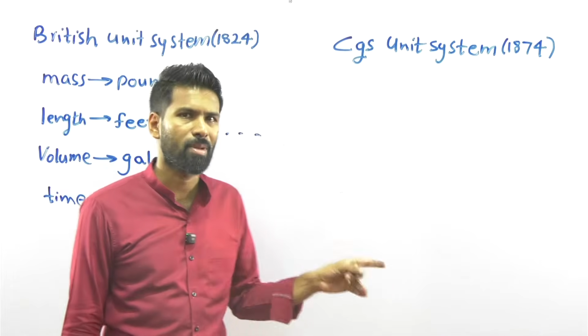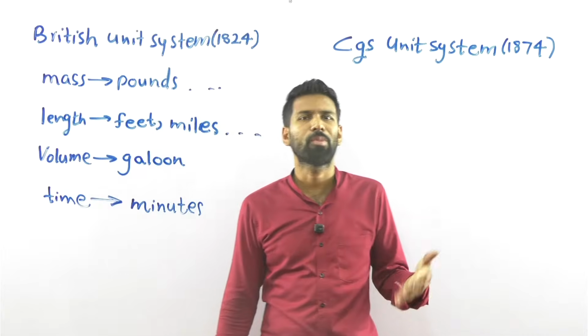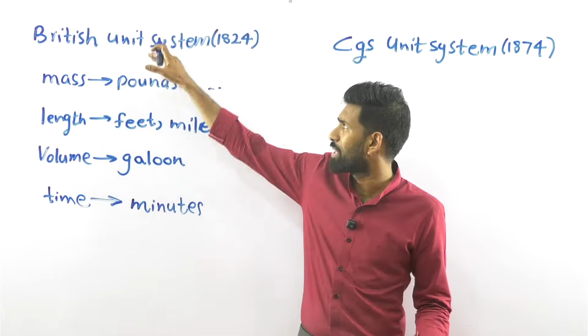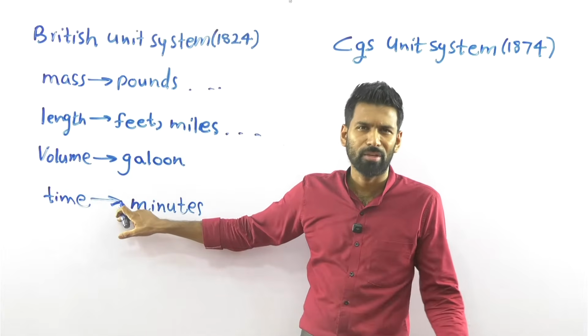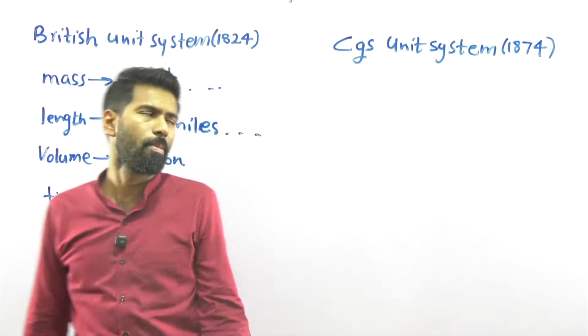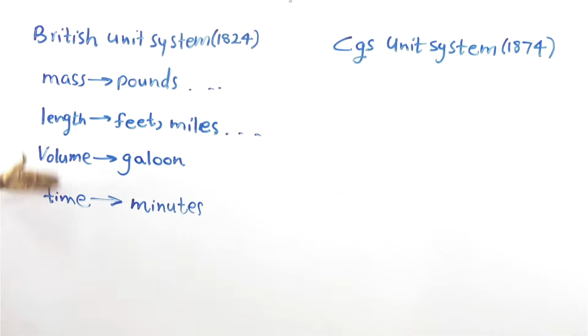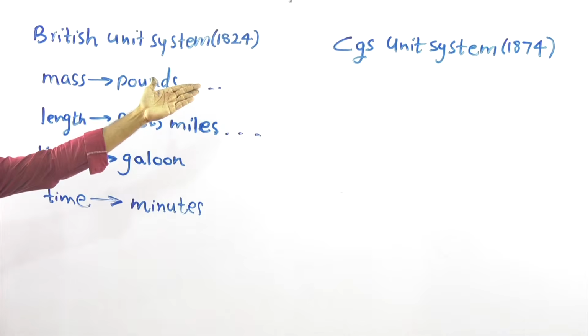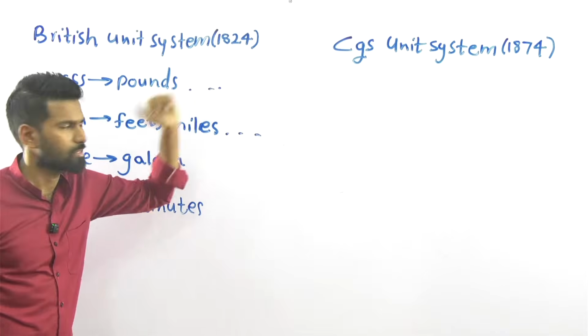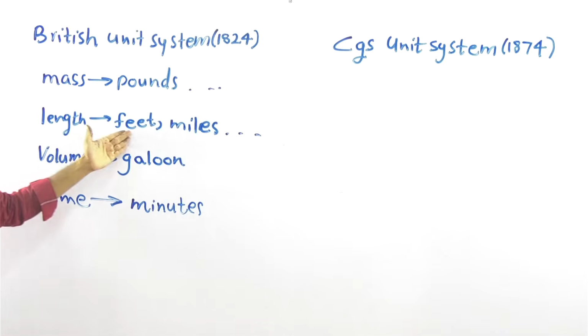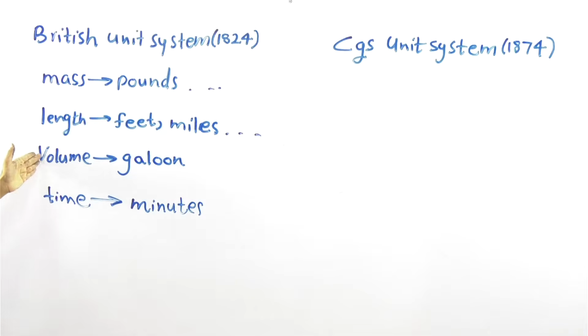But still, remember that there was no special unit newly introduced through the British unit system to measure time. These are the facts. So this is the British unit system. Pounds and ounces, likewise, to measure the mass. To measure the length, feet, miles, inches. To measure the volume, gallons. To measure the time, minutes.